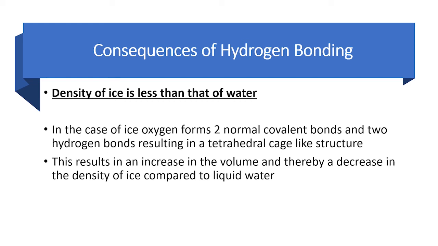And this cage-like structure occupies more volume, and hence the density of ice is less than that of water. So this is another consequence of hydrogen bonding.